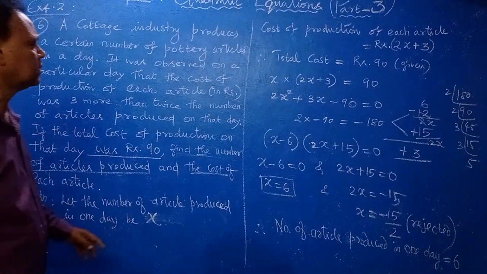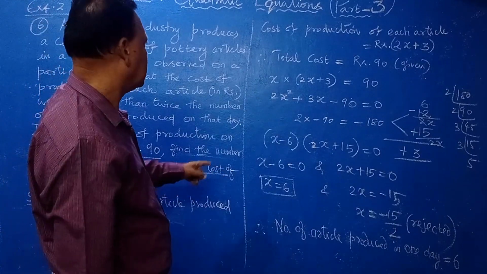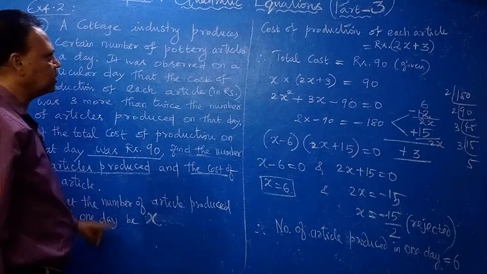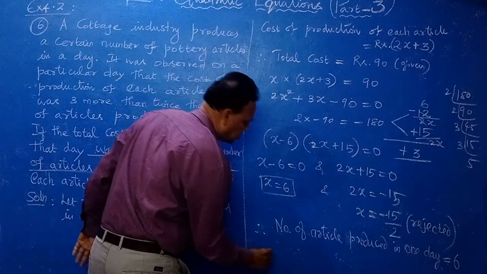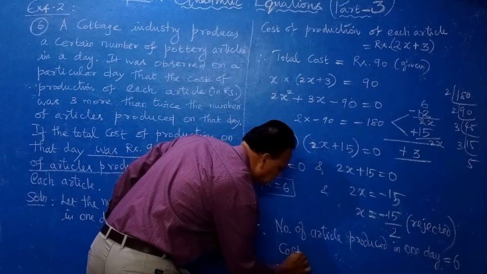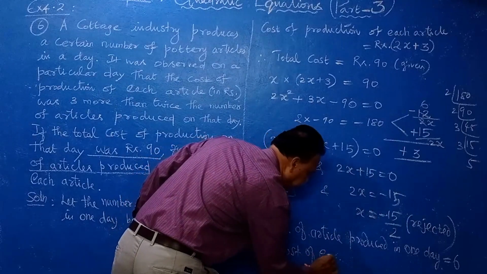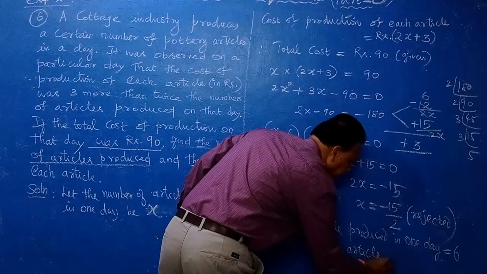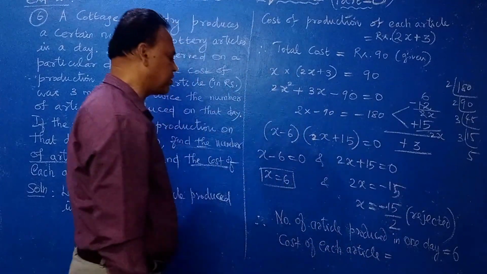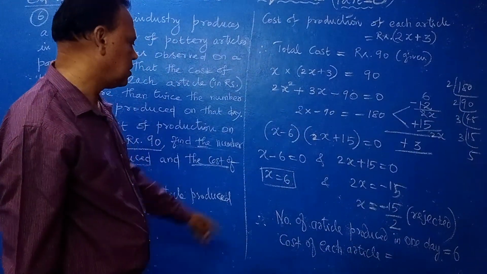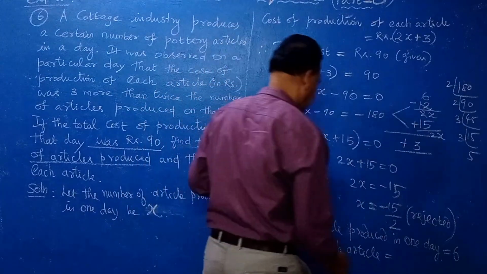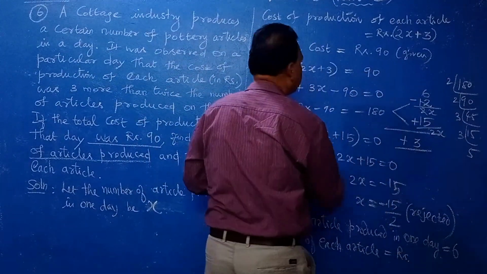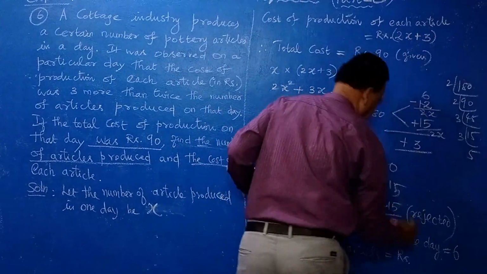Next, the cost of production. You have to write the cost of each article. Clear? Therefore, the cost of each article is 2 into 6, 12, plus 3, that is 12 plus 3, 15 rupees.